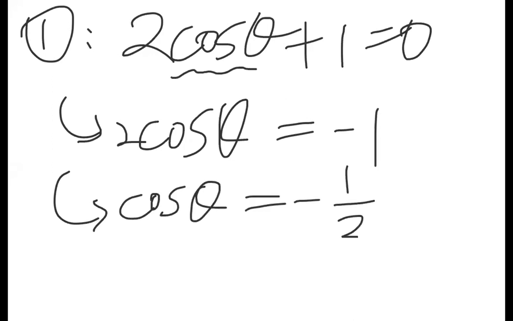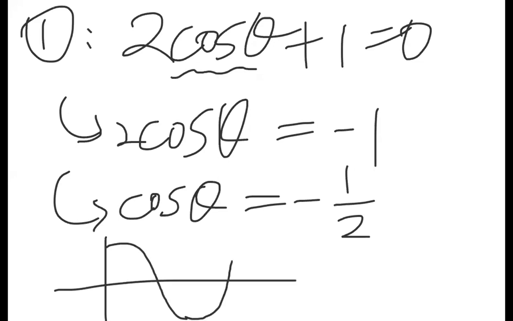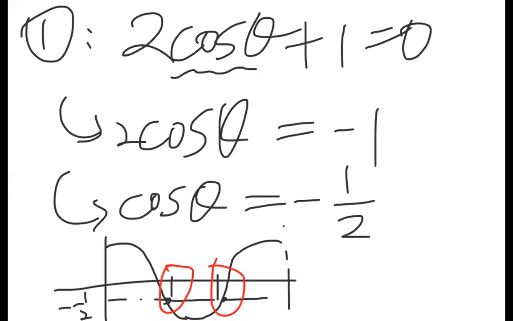So now you have the equation cosine theta is equal to minus 1/2, right? Now, by the graph of cosine theta, you find the intersection with minus 1/2, then you can find out that there are 2 solutions here. One of them, I can't do it off the top of my head.